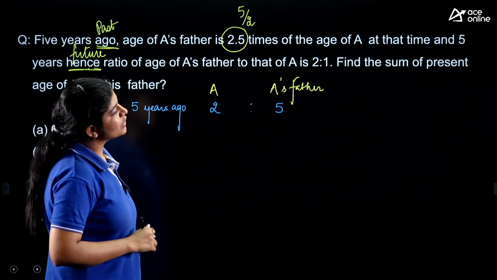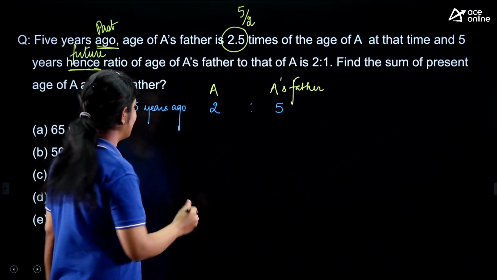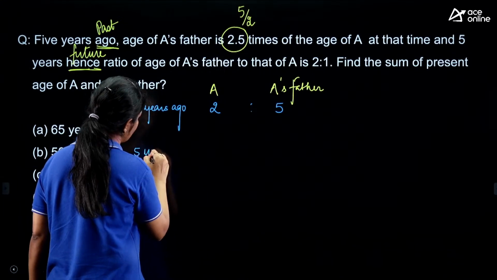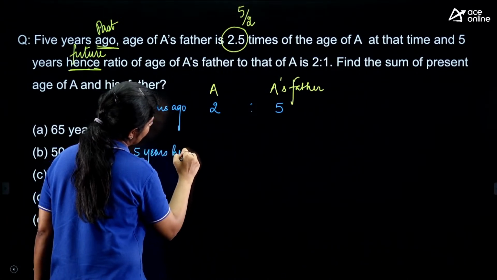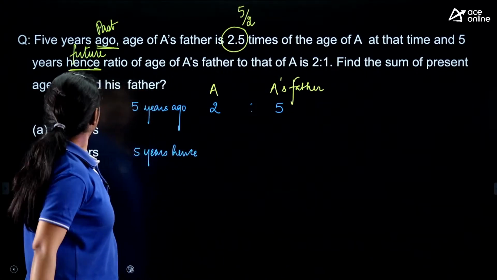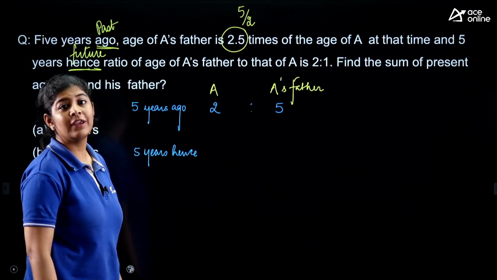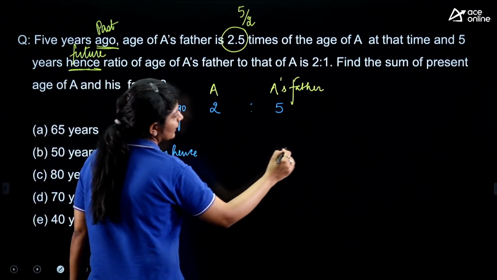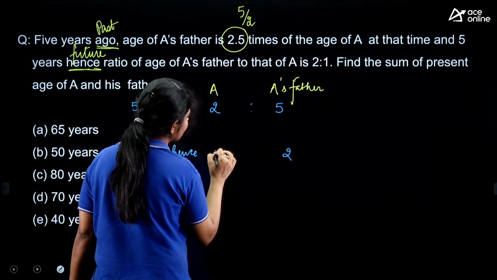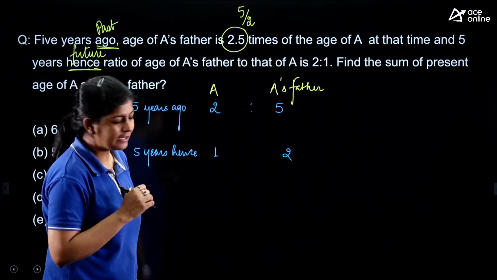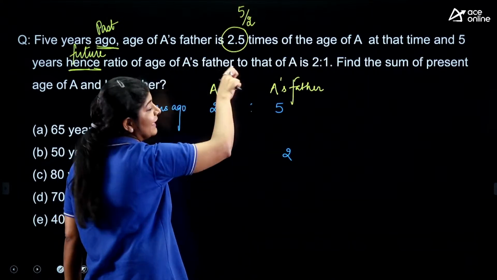Now the question is saying that 5 years hence, that means we are talking about the future now. 5 years hence, the ratio of age of A's father to that of A is 2:1. That means if the father is 2 years, then A is 1 year. We need to take care of the entities as well.